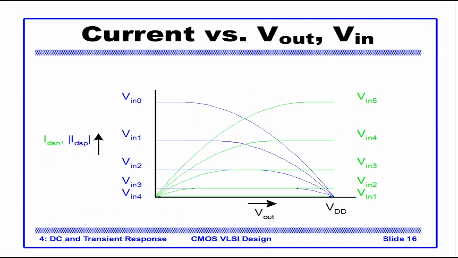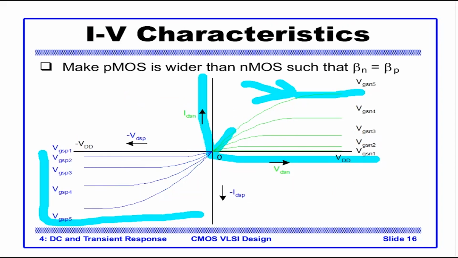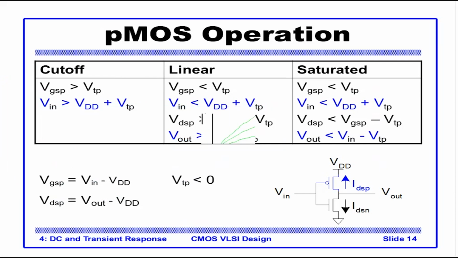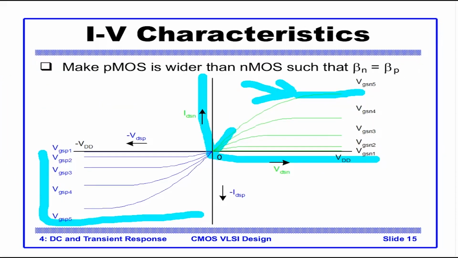Now, what is done in this slide is that we are converting the PMOS voltages to positive values. In terms of the graph, we are taking this quadrant here and overlapping it with this quadrant here.